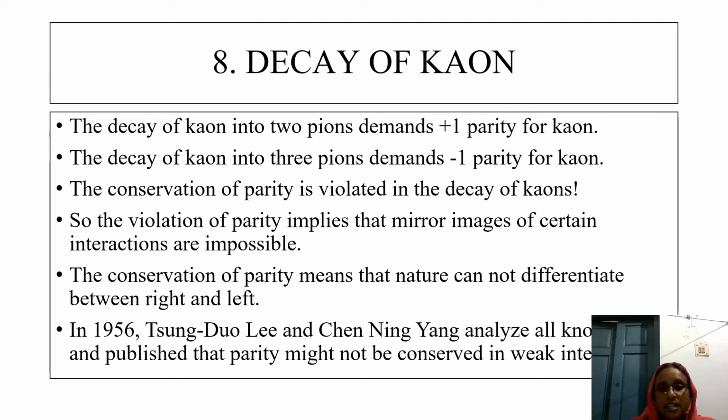But this violation is an important result because it means that nature can differentiate between left and right. Then in 1956, Tsung-Dao Lee and Chen Ning Yang analyzed all known facts and published a paper that parity might not be conserved in weak interactions.